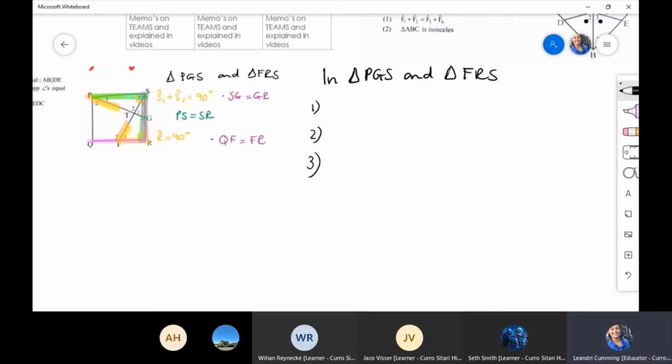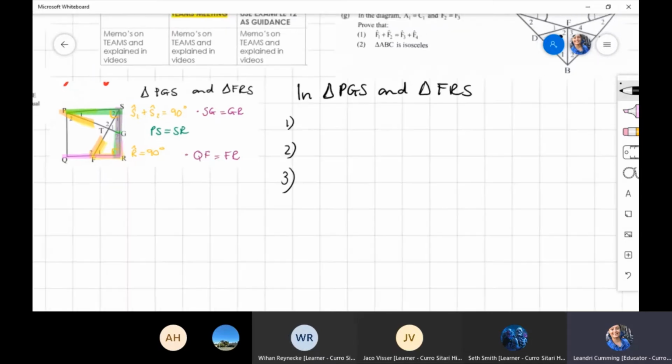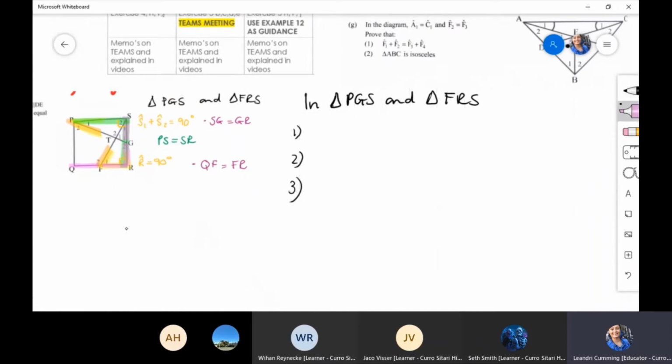I'm going to state the fact that PS is equal to SR. Okay, so PS is in this triangle right here. PS. SR is in this triangle here.